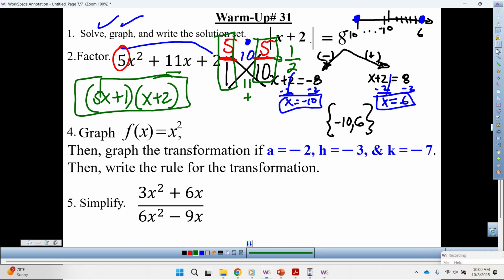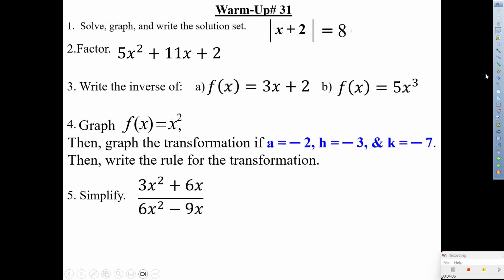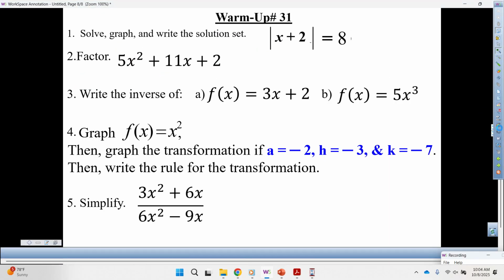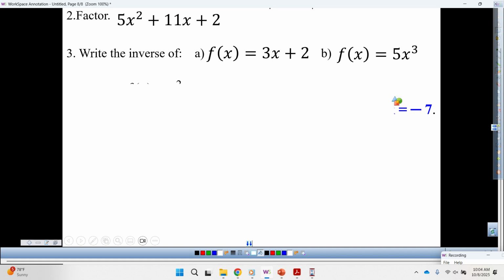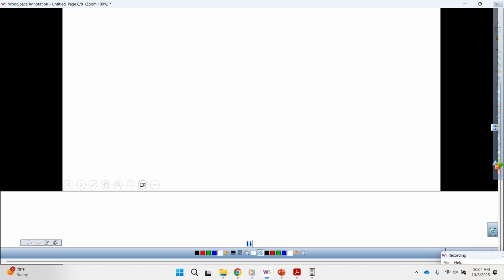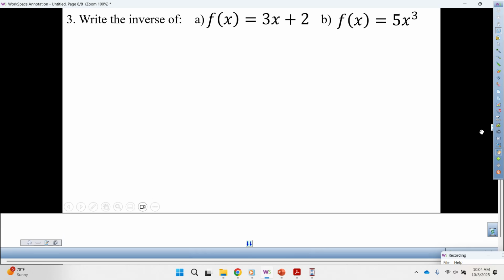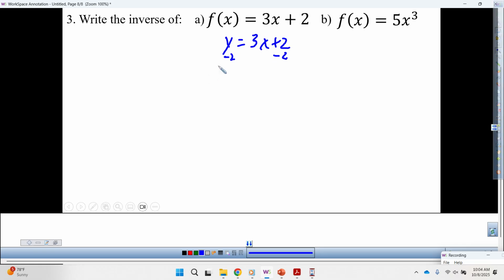Number 3, inverse. Let me make some space here. Here we go. So we got y equals 3x plus 2, minus 2, minus 2. y minus 2 equals 3x.